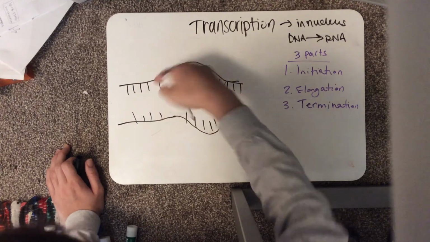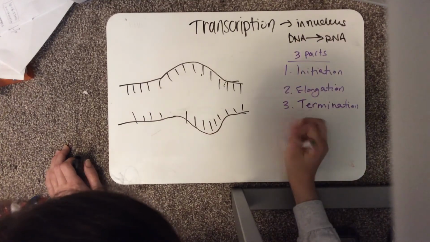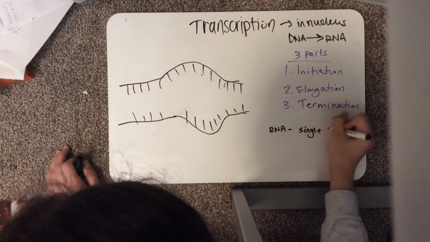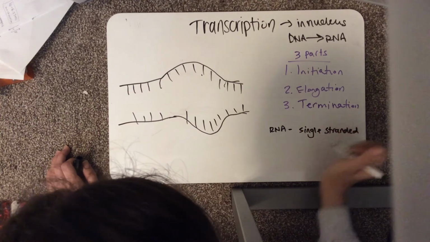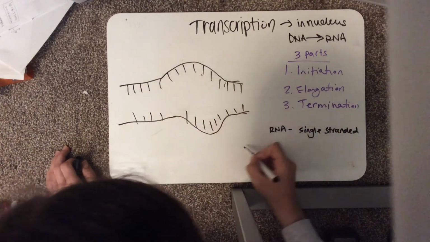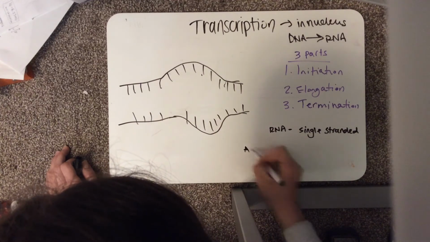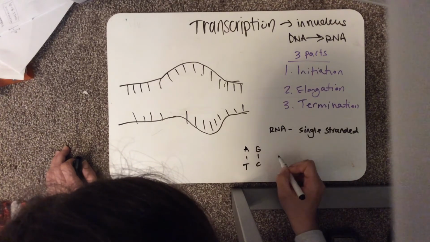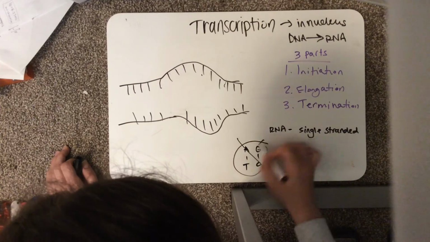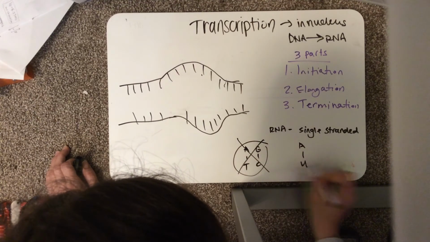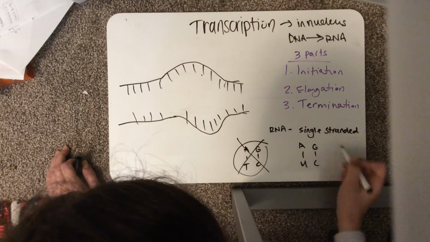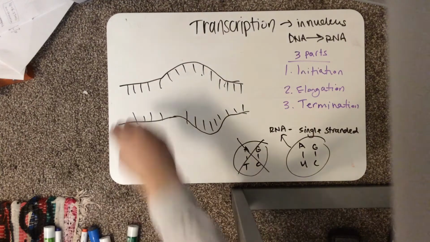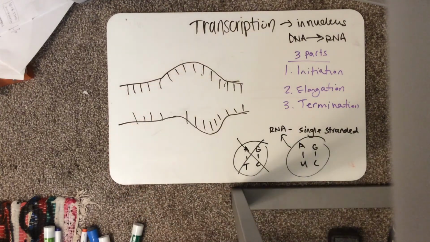Just a few reminders: we're going from DNA to RNA, so we don't need to do both sides because RNA is single-stranded. When we did this before, if it was an A on top, we put a T on bottom, or vice versa, and if it was a G on top, we put a C on bottom, and vice versa. But this time, if it's an A on top, we're going to put a U on bottom, but the G's and C's will stay the same because it's RNA. So we're using one different base, and we're only going to build one side of it. It could be top or bottom, but only one side.